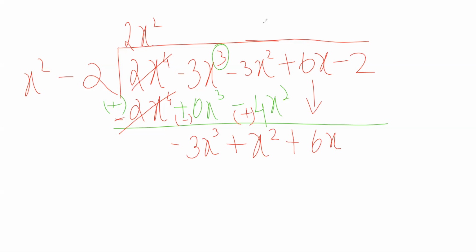Okay. And now we need to cancel minus 3x cube. So let's multiply x square with minus 3x, minus 3x cube. And when we multiply minus 3x with minus 2, what do you get? Plus 6x, but again over here it is square.